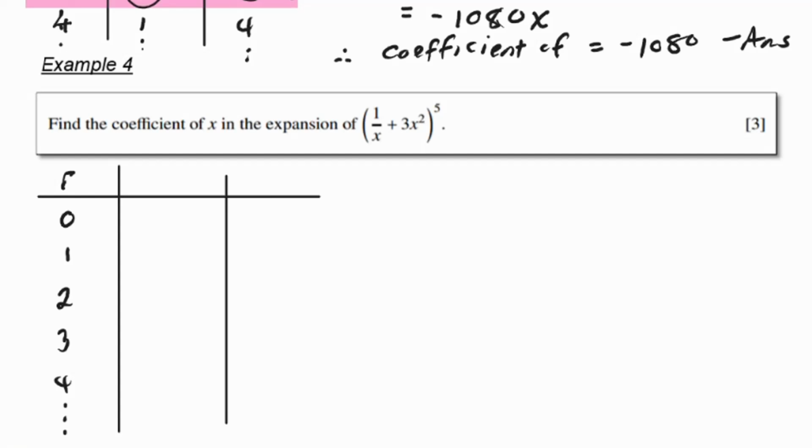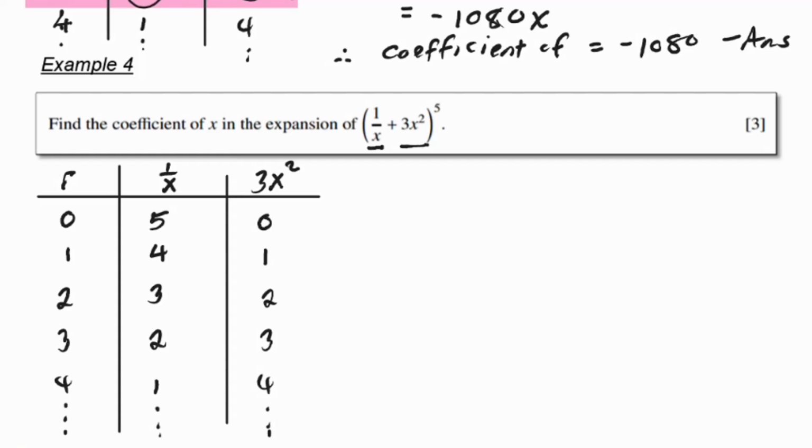Then the first term here is 1 over x, and the other one is 3x squared. Now the powers of 1 over x start from 5 and they decrease. So 5, 4, 3, 2, 1 going down. And the powers of 3x squared start from 0. So 0, 1, 2, 3, 4, and going down.